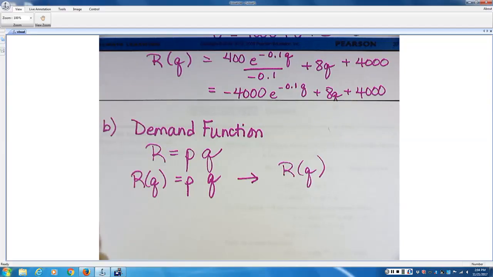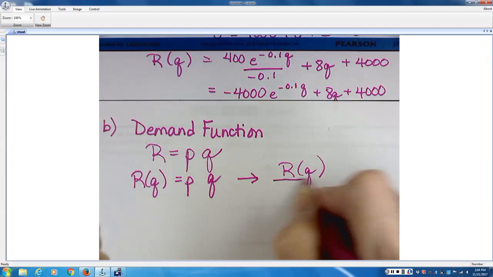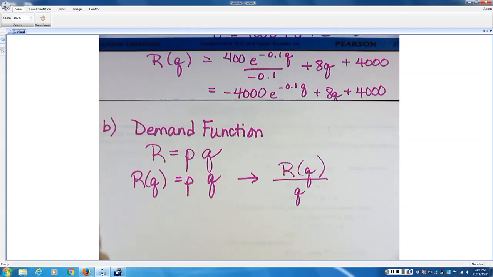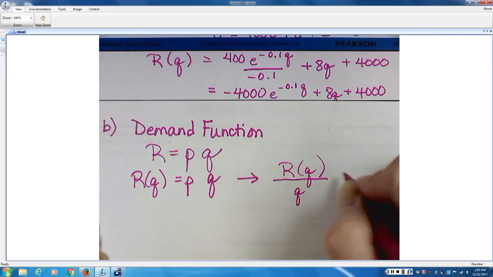And since we don't have the price, we need an expression for price, right? So wouldn't that be revenue for a certain quantity divided by the quantity? Wouldn't that tell you how much each one is? This is how much money you make for Q items, and that's how many items it took to make that much money. So that would give you price.